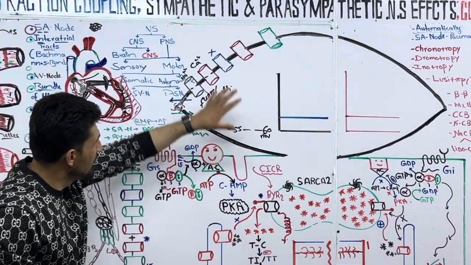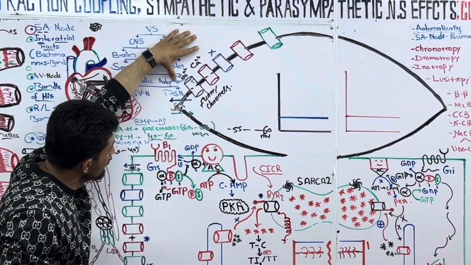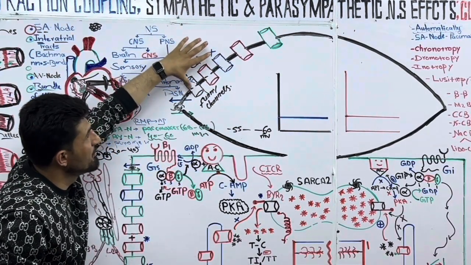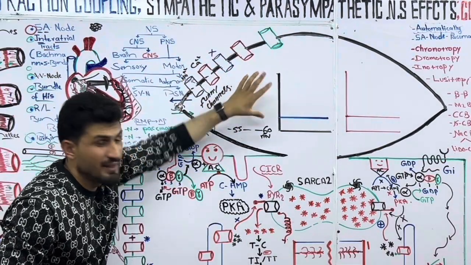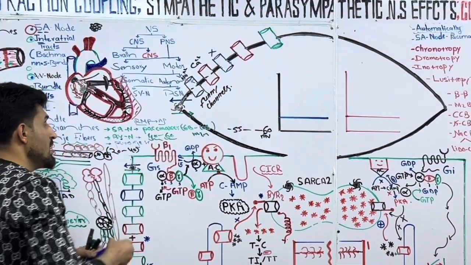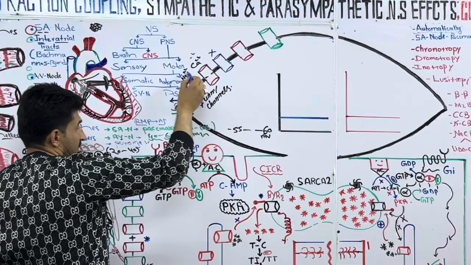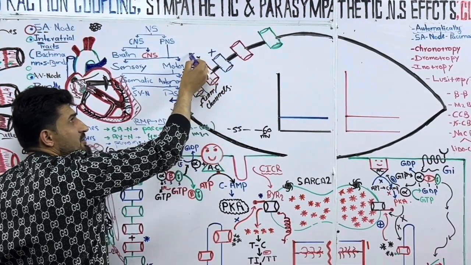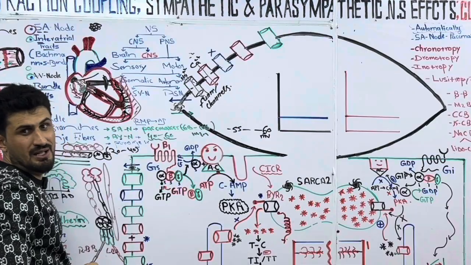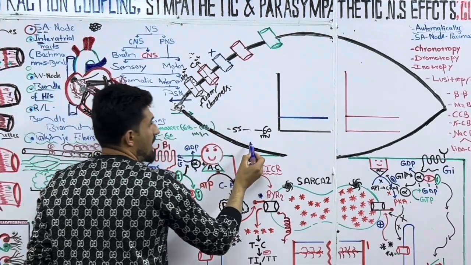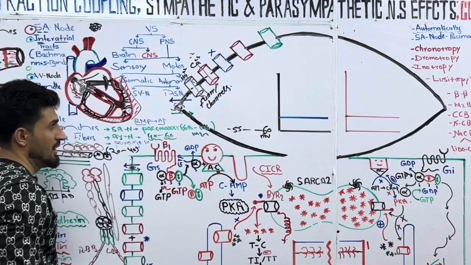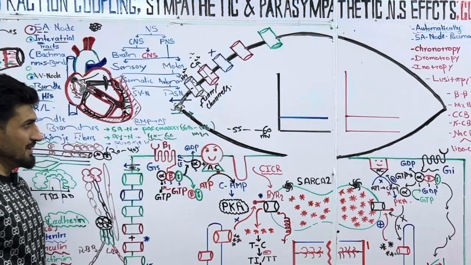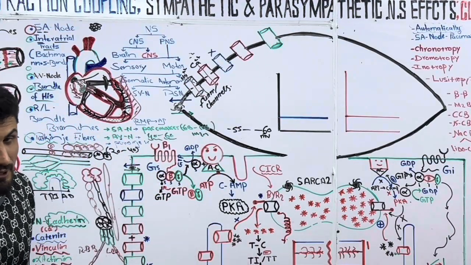And we know that we have more sodium and calcium outside of the cell than inside the cell. And these are positive charges. So they flow from high concentration to low concentration, and they cause the resting membrane potential to be less negative, around negative 60 to negative 54.